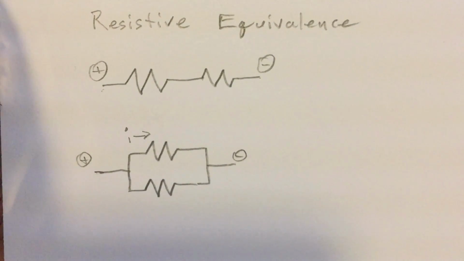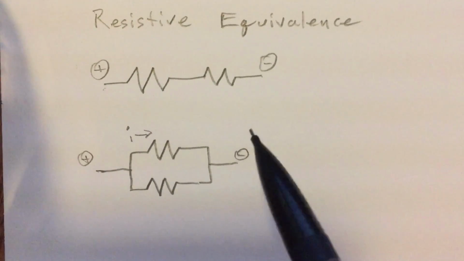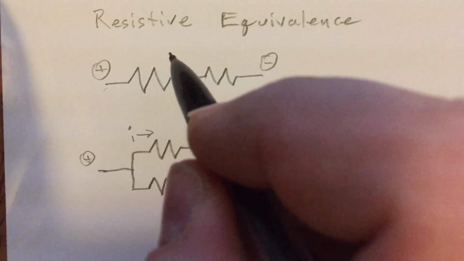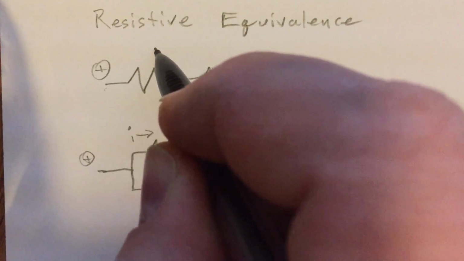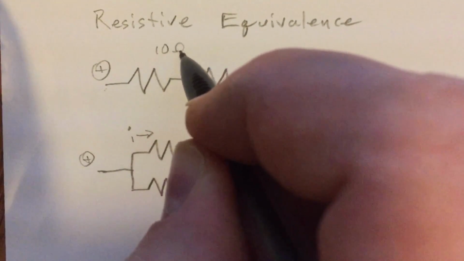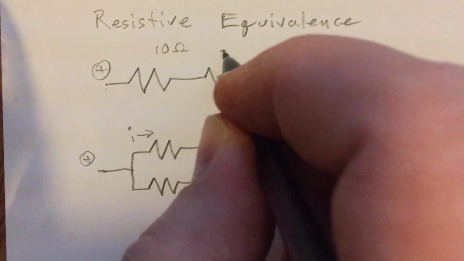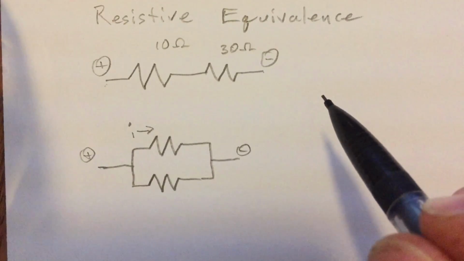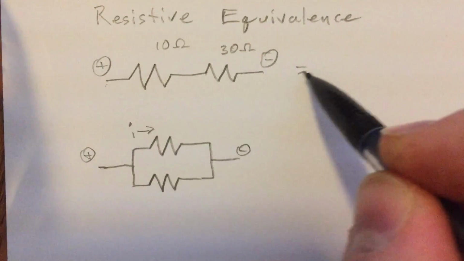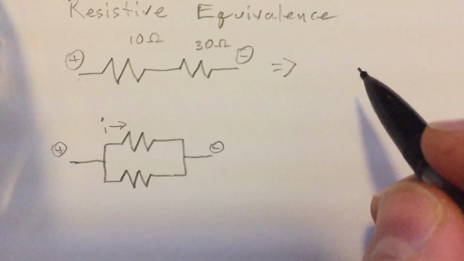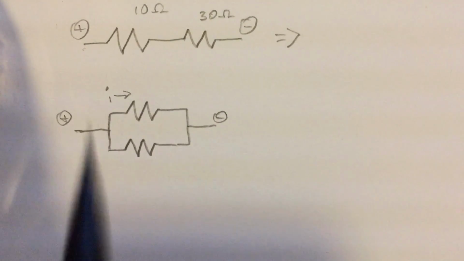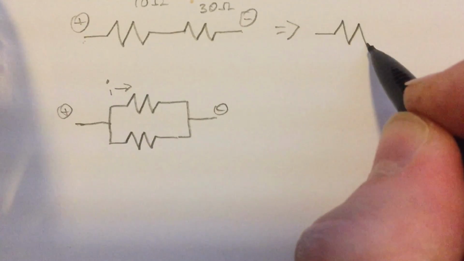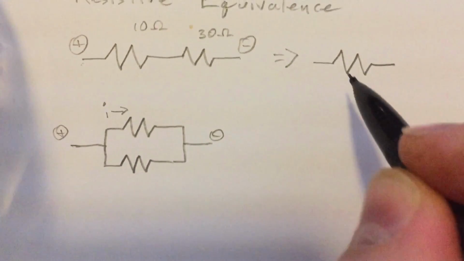And the idea is that for these two resistors, suppose we have 10 ohms and 30 ohms. The equivalent resistance between these 2 points is, now this is very simple.